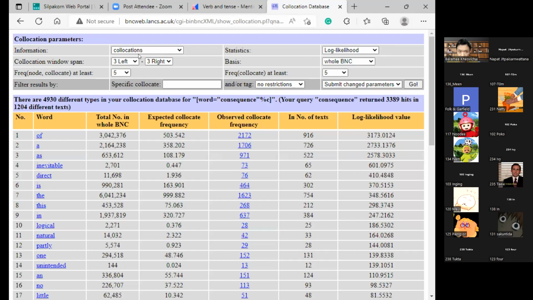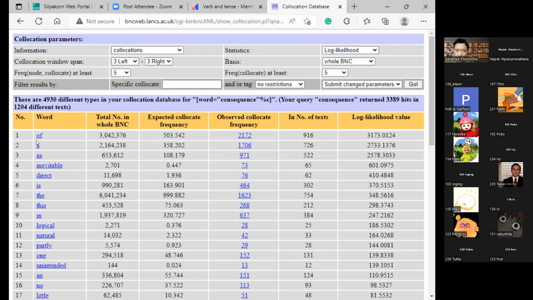Now the software looked 3 words on the left and 3 words on the right of the word consequence in the corpus, and then it sees which words tend to occur with it, and whether they occur significantly more than expected for a normal distribution.